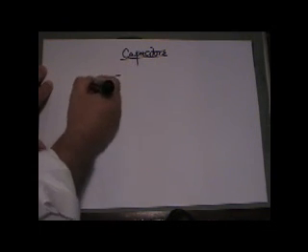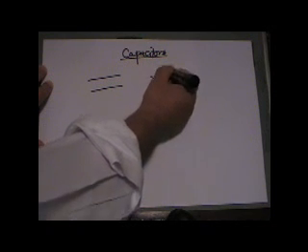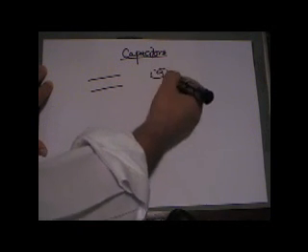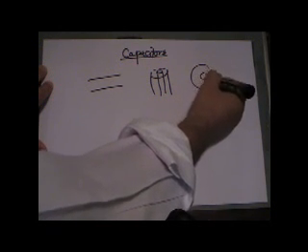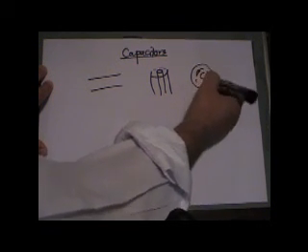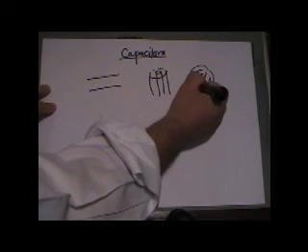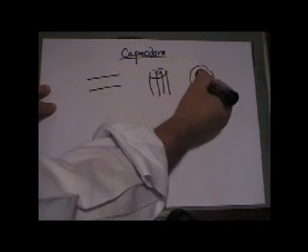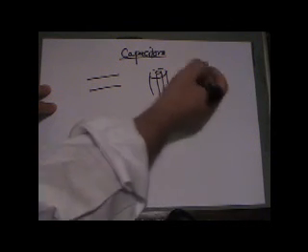We took the parallel plate capacitor, the cylindrical capacitor, and the spherical capacitor, which is something like this. Oh, sorry, the spherical capacitor is something like this. One plate is this one, and the other plate is this one.